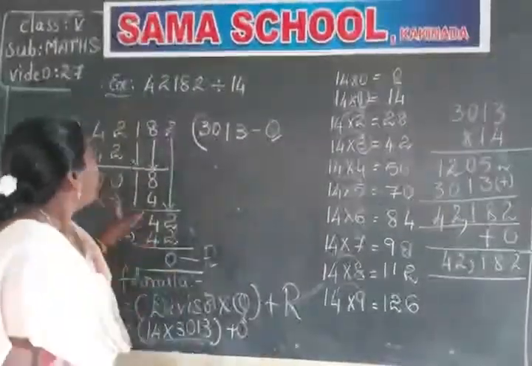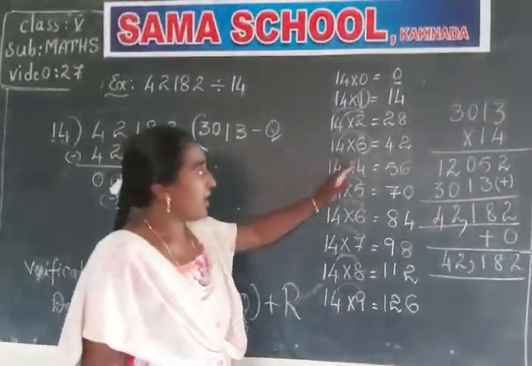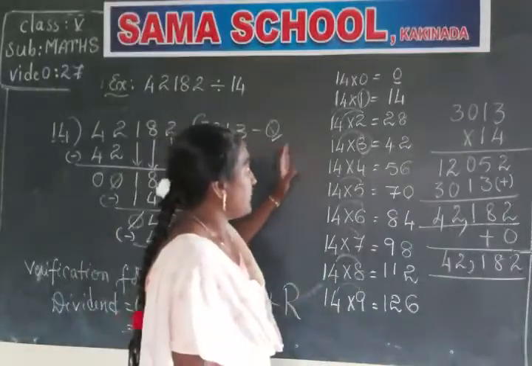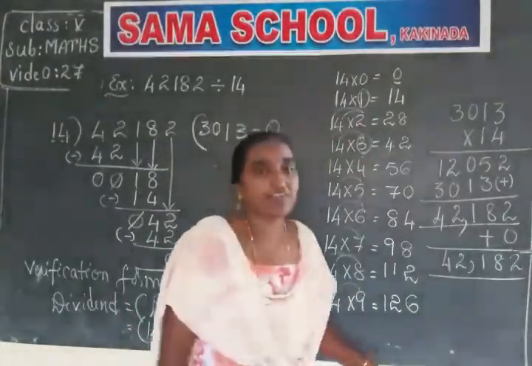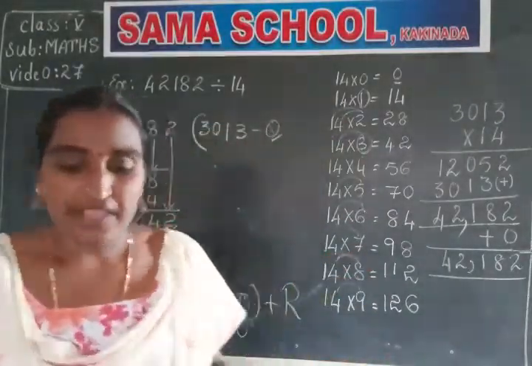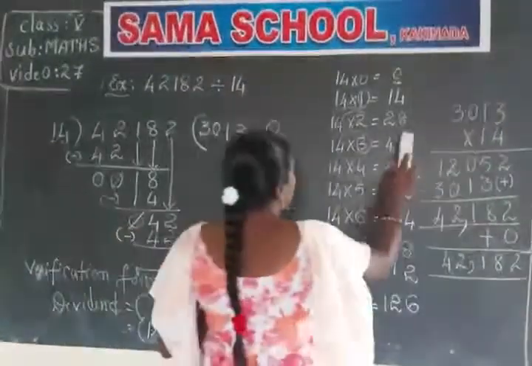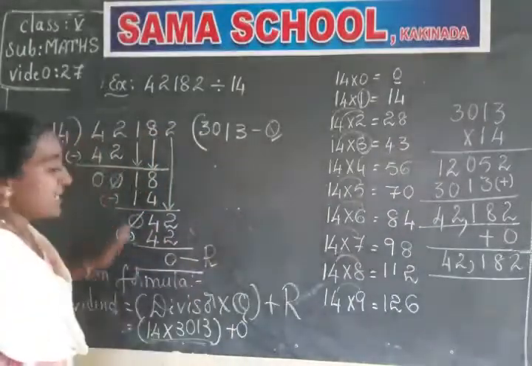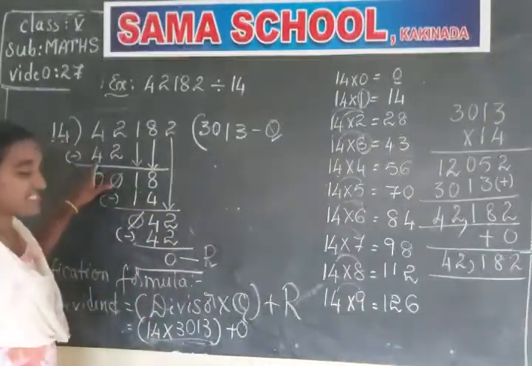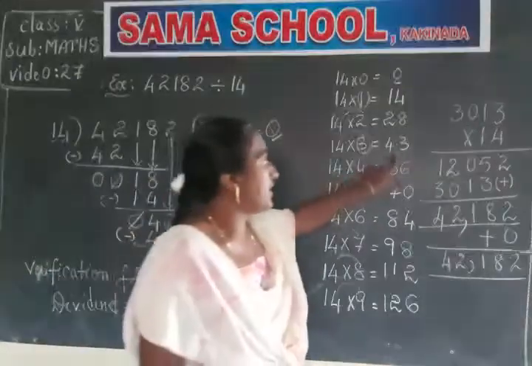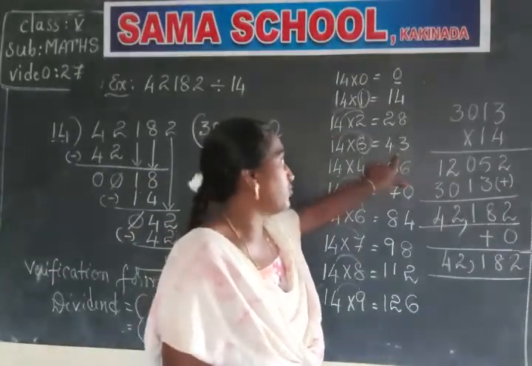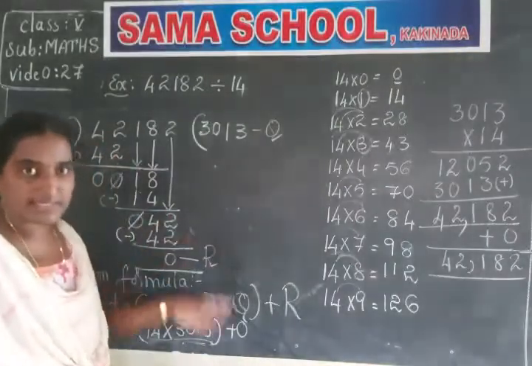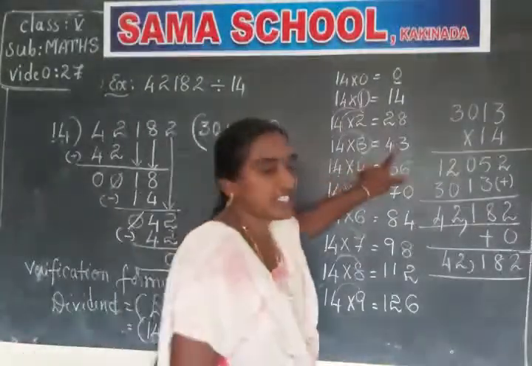See, while writing the table, suppose if you commit any mistake here, you will not get the correct answer. So, because of that, we have to be very careful while writing the table. Suppose, instead of 42 here, if you write 43 by mistake, will you get the answer here? Here, actually we have selected 42 first. If you wrote here 43 instead of 42, you will not find the lowest number for this, and the total sum will be wrong because of this small mistake.